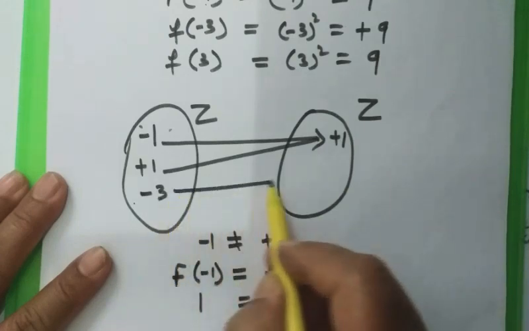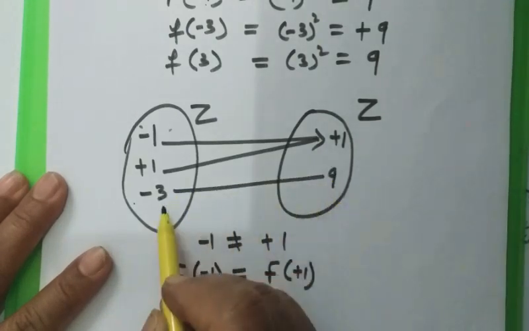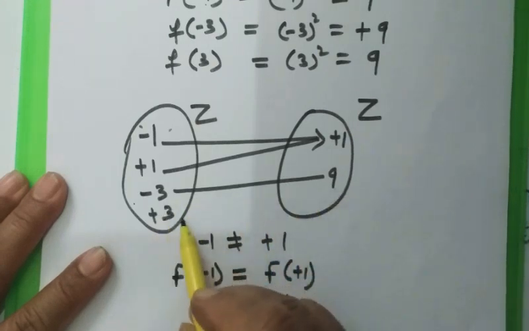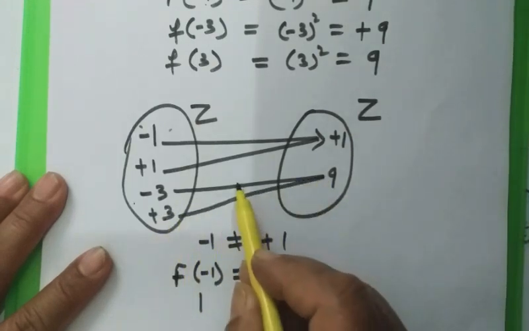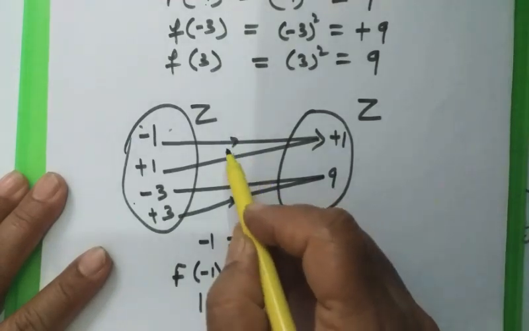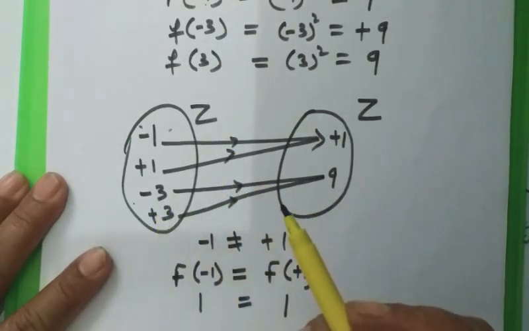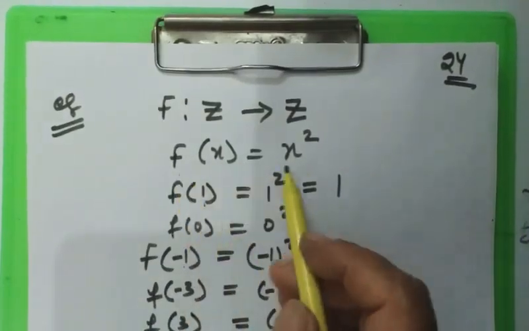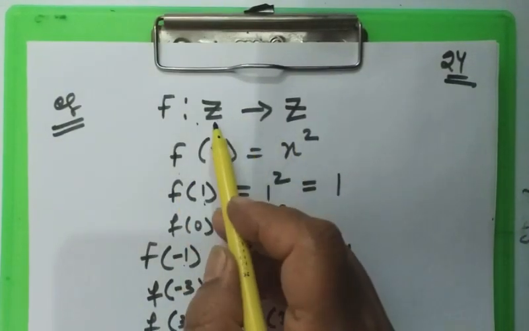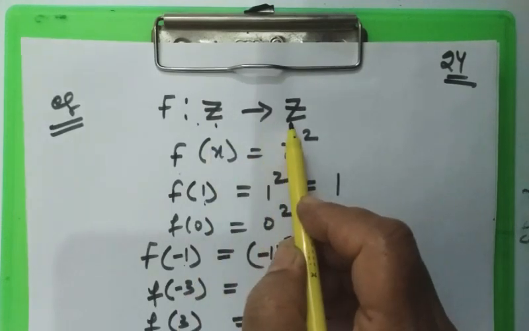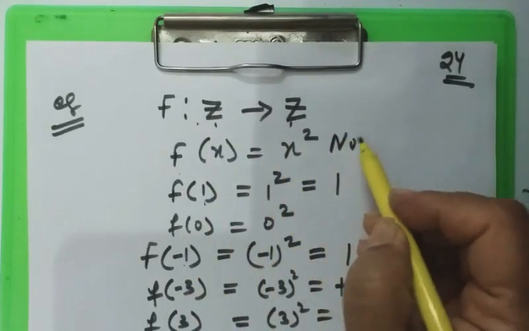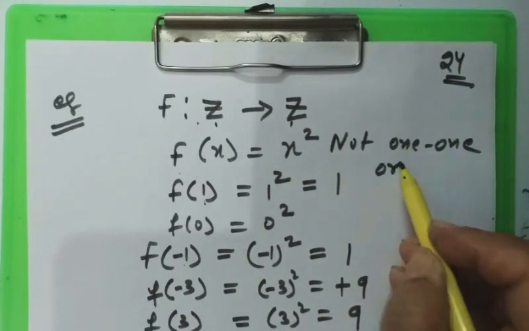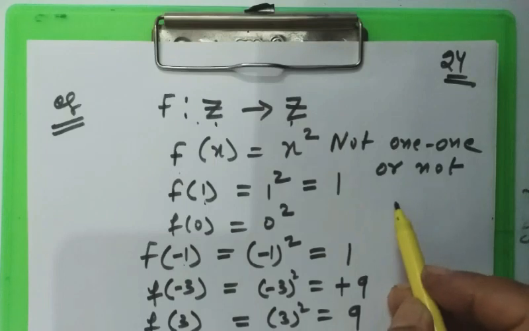Minus 1 is being mapped to 1, minus 3 is being mapped to 9, plus 3 is also being mapped to 9. So we have again seen the same concept. This particular function f(x) equal to x square, when the domain set and the codomain set both are integers, is not 1-1, or is not injective.